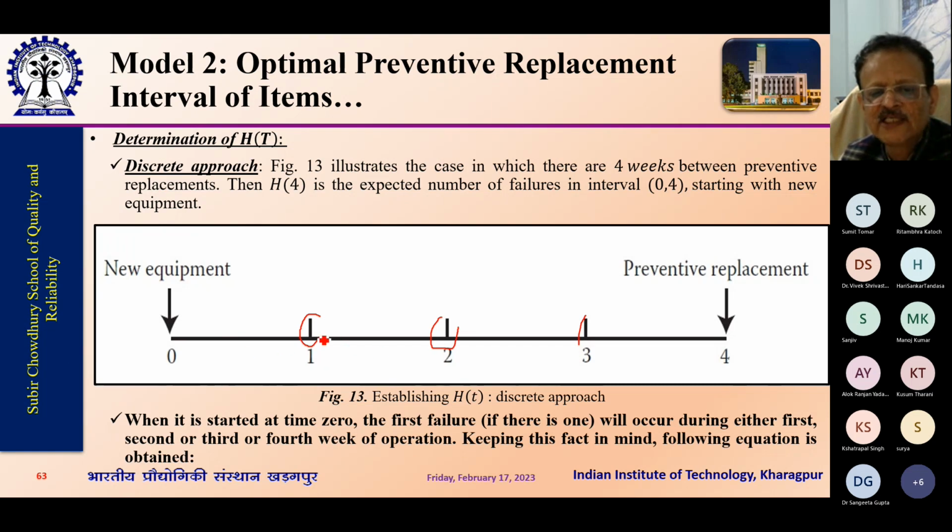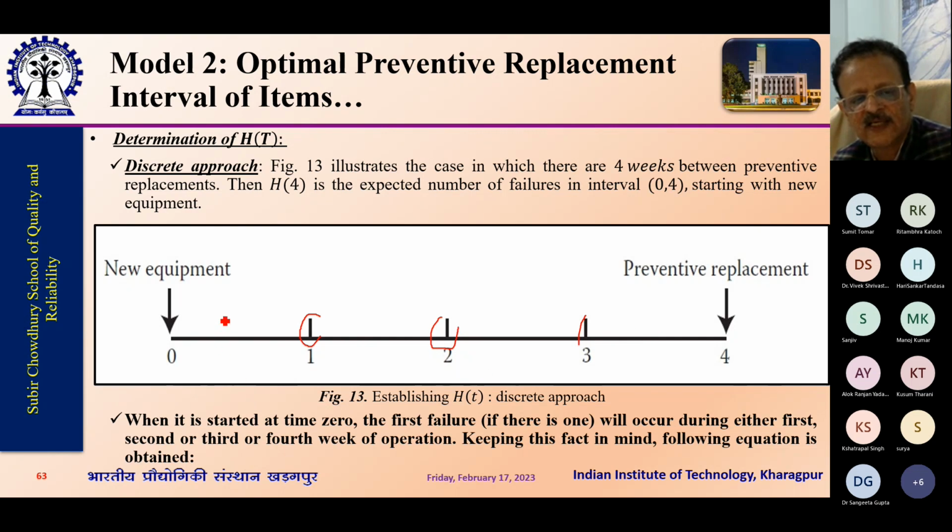And then what are the expected number of failures in the remaining weeks? Or the first failure occurs in the 2nd week, and then the remaining period of time. Probability theory, or criteria, right?